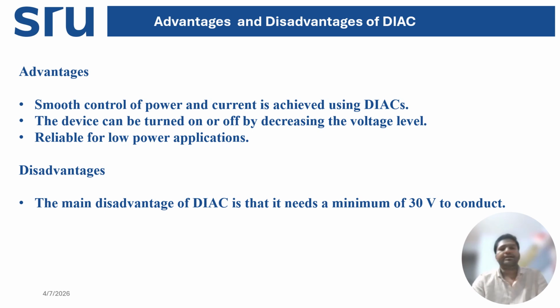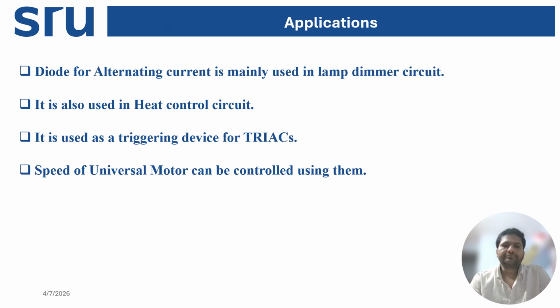Disadvantage: the main disadvantage of DIAC is that it needs minimum 30 volts to conduct. Next is application. Diode for alternating current is mainly used for lamp dimmer circuits. It is also used for heat control circuits, and it is used for triggering the TRIAC. Speed of universal motors can be controlled using them.